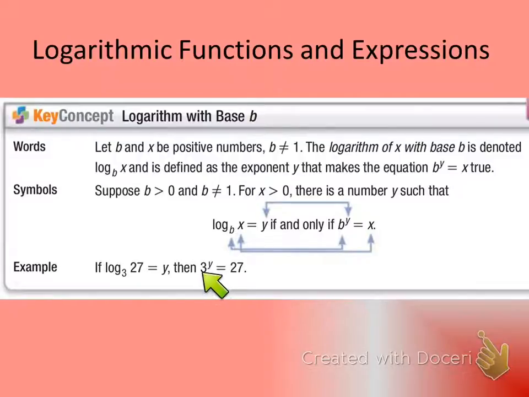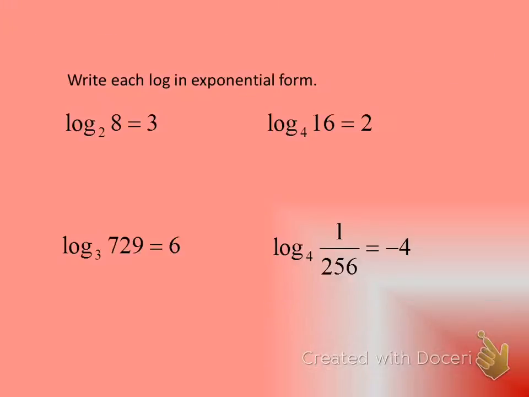What power can you put on 3 to get 27? The answer is 3. 3 times 3 is 9, times 3 is 27. So your log is an exponent. When we practice these, hopefully that will make sense whenever you write the form.